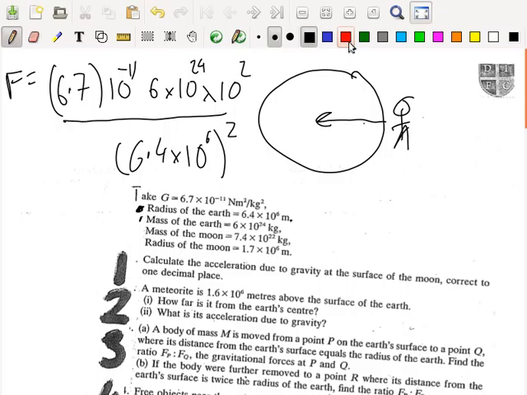That equals 981 newtons. Everybody look please. I used this formula, and what did I get as the force? 981 newtons.